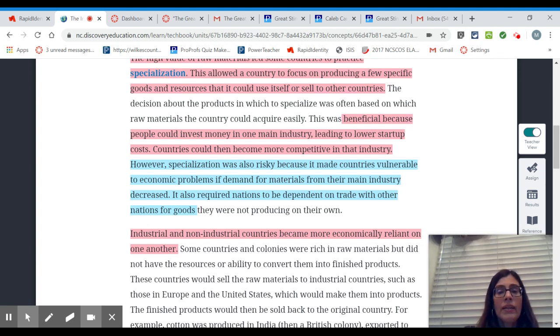And it also was a negative thing because nations had to become more dependent on trade with other nations to get those products that they were not specializing in. So again, competition is a risky thing. And if you don't try to make everything that you need, then ultimately you may not have what you need.